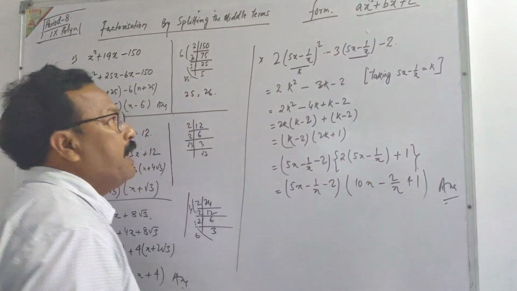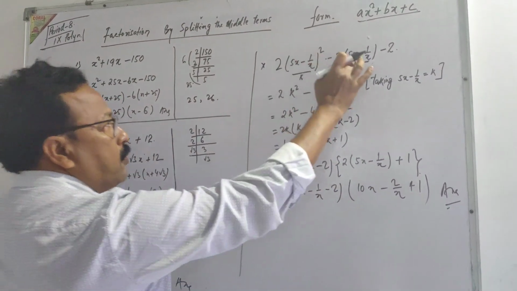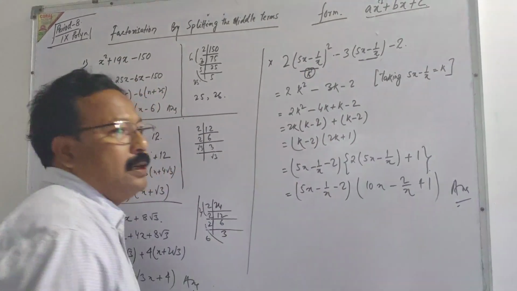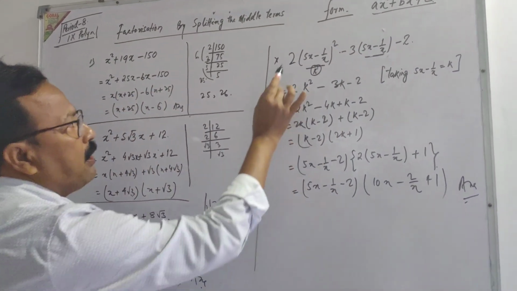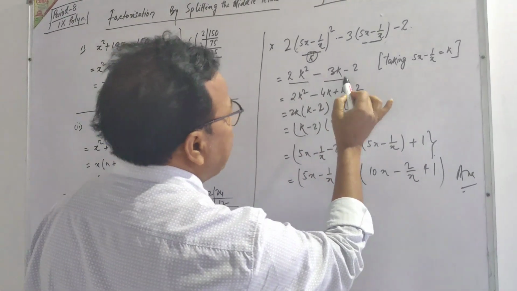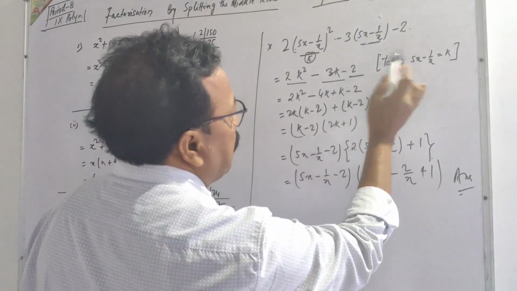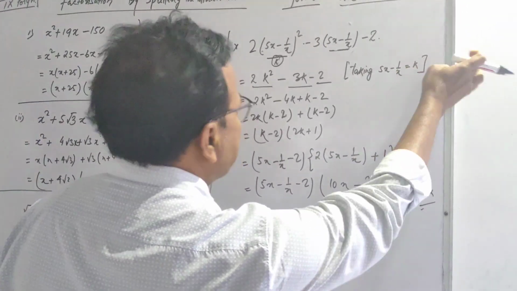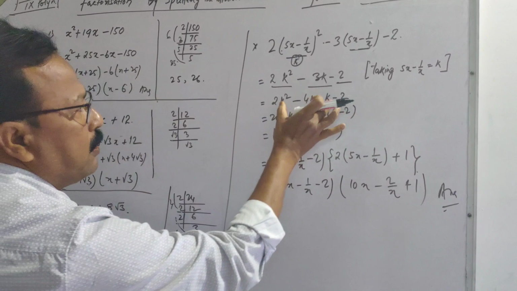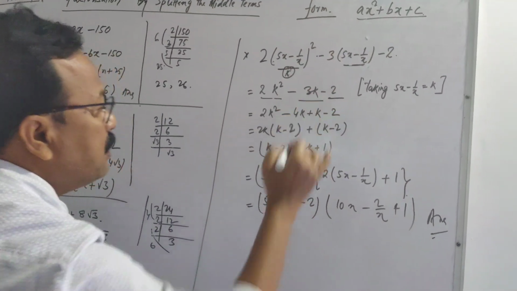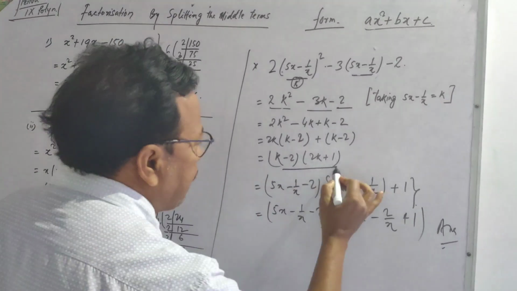The term under bracket in the two places has been considered as k. So our polynomial becomes 2k square minus 3k minus 2. We have written here, taking 5x minus 1 by x equals k, and this one becomes of this type. So on splitting the middle term, we got these two factors.